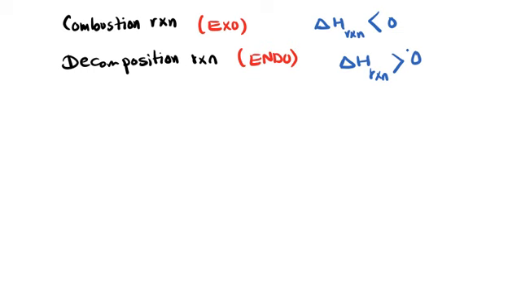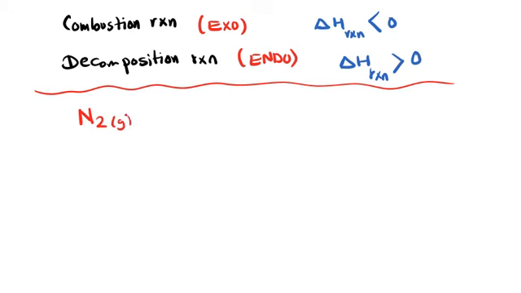Let me solve one of the problems that I'm interested to work on related to this part. Assume that we have this reaction: nitrogen gas plus oxygen gas make NO gas, nitrogen monoxide.